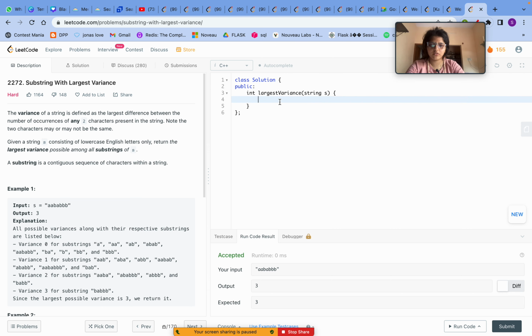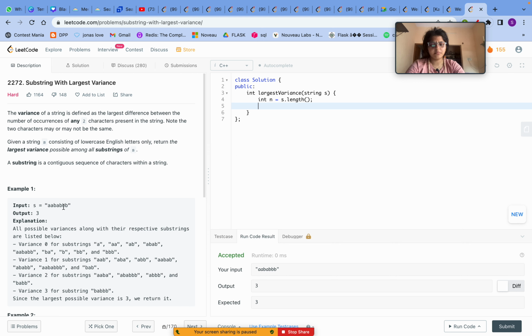Okay, so what you will do is, oh yeah, even I forget what I have explained this. Okay, you need to try all the pairs. You can do the for loop of 26 into 26, but better you take all the unique letters.